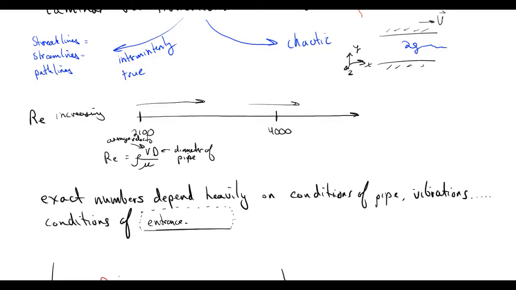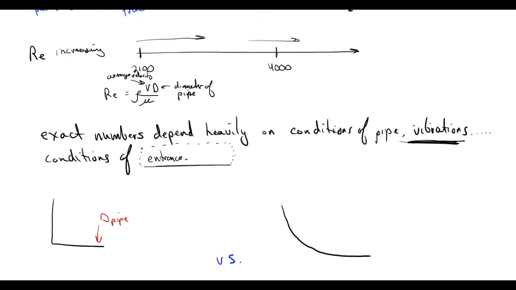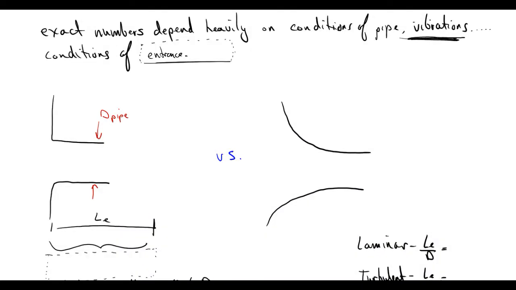So for a smooth pipe, this can be as small as 0.6 times the diameter, or it can be as large as 120 times the diameter. And like I said, this is called the entrance length.